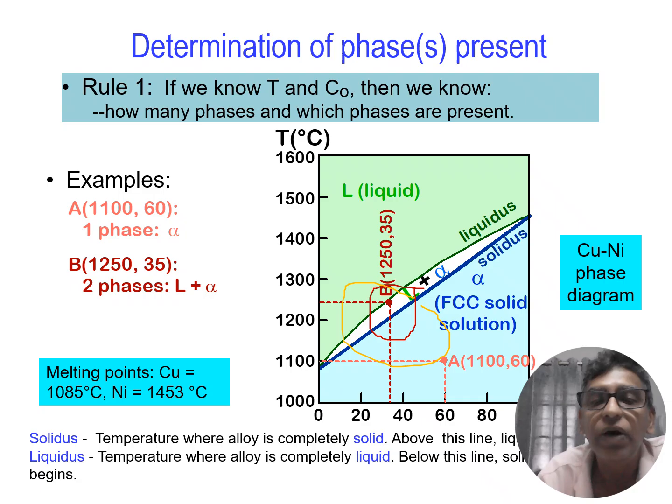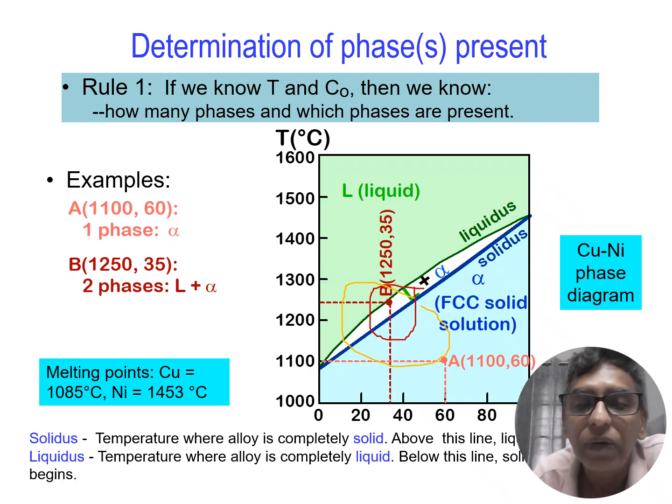So here we have liquid plus alpha. This is called a solid solution. Here we have the solidus, the temperature below which the alloy is completely solid. And the liquidus line is where the alloy is completely liquid.